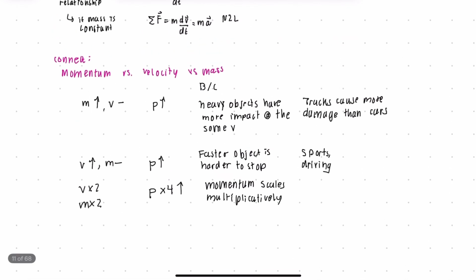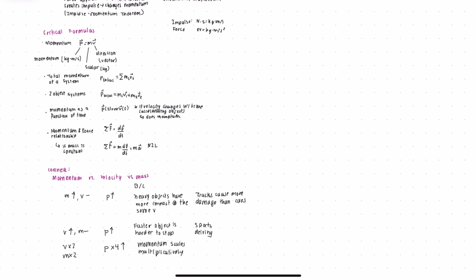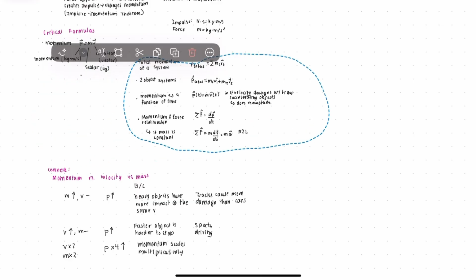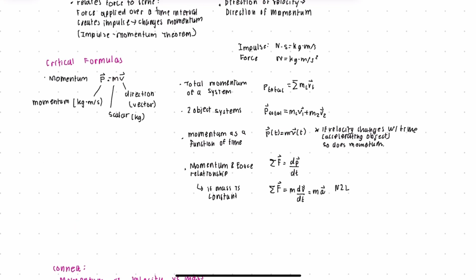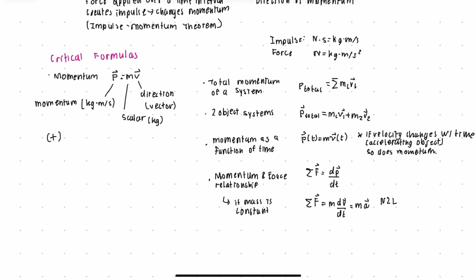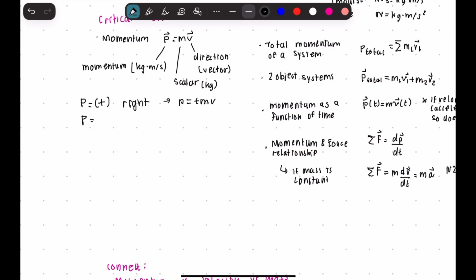Okay, let's talk about momentum as a vector. So let's talk about the signage on momentum for a moment. A positive momentum: if p is positive, this means right.